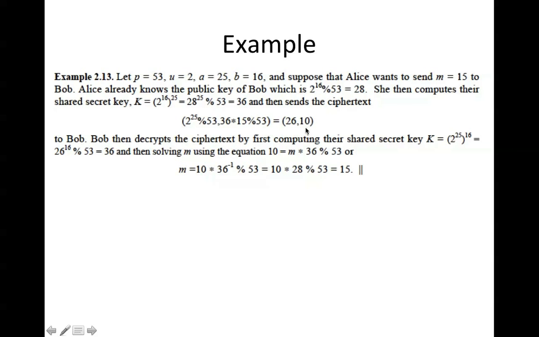and that happens to be 10. Now that we've got Alice's public key, which is 26, and the 10, that is actually the encrypted message that she sends by way of this m times k mod 53 business.